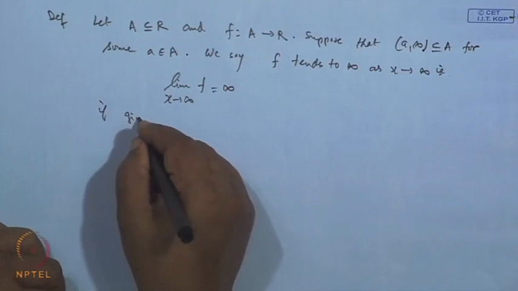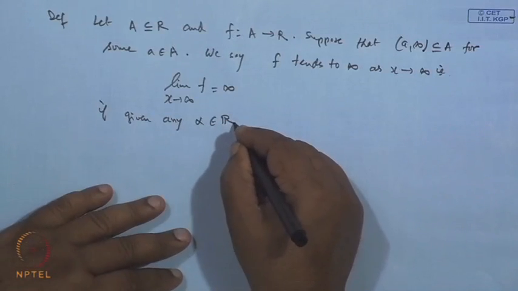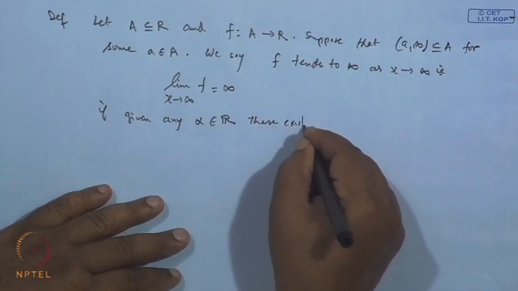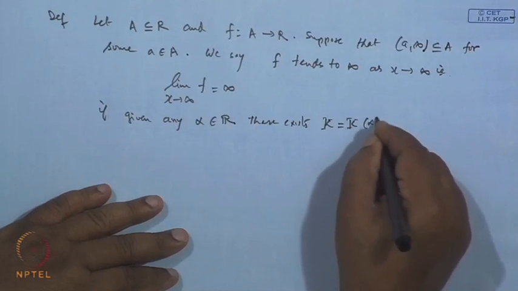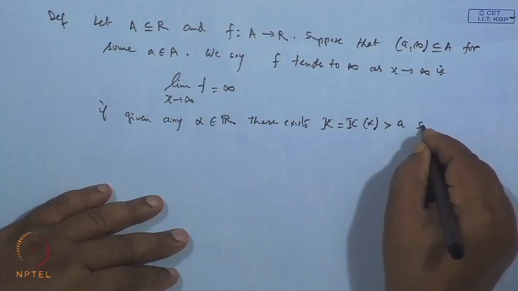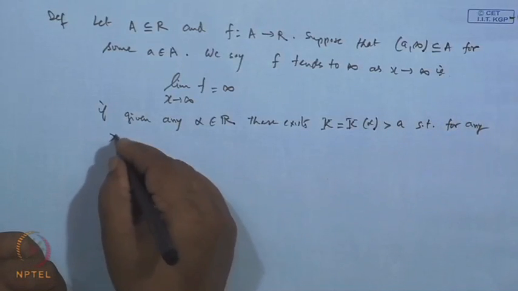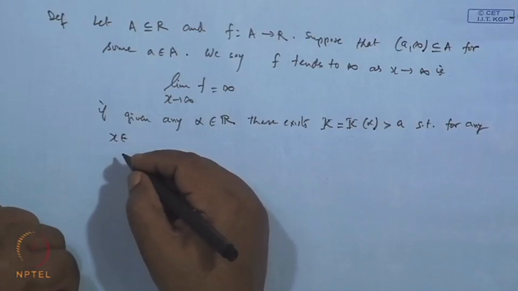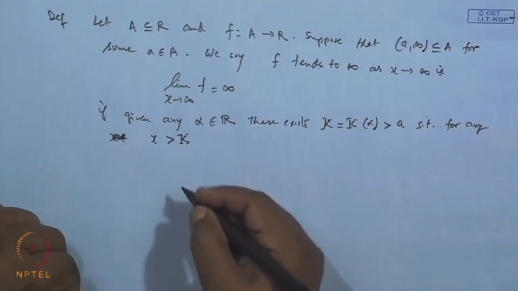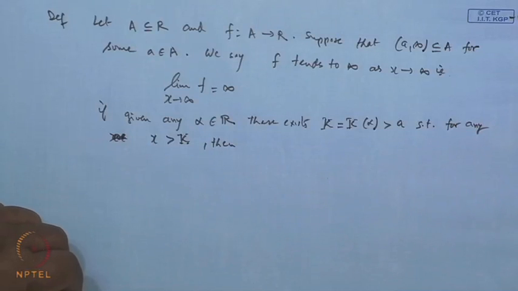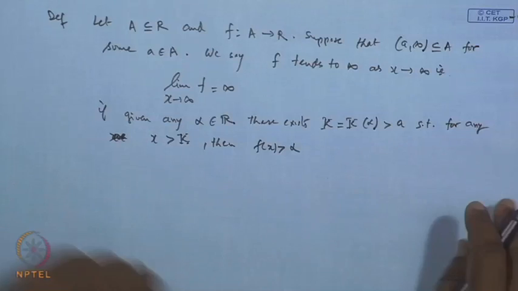given any alpha belongs to R, there exists a k depending on alpha, greater than a, such that for any x greater than k, f(x) will be greater than alpha.